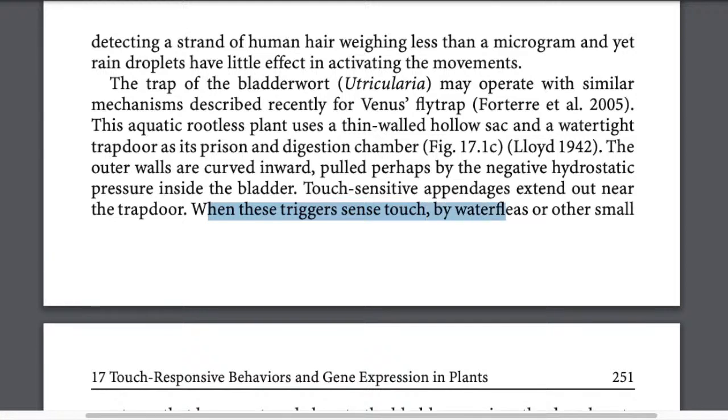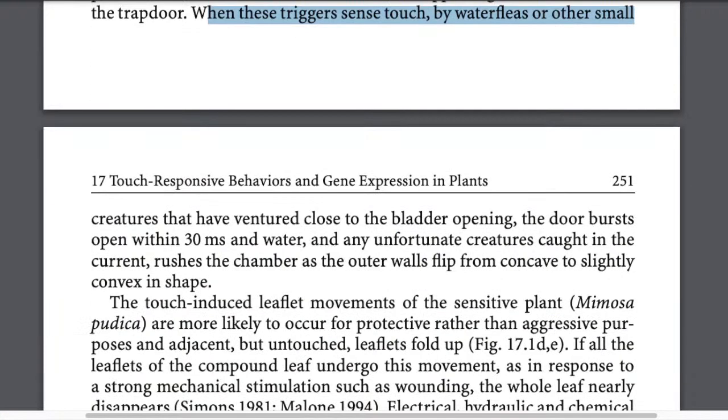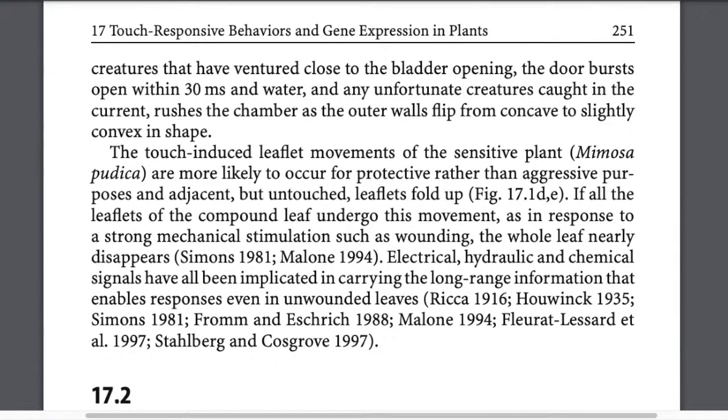When these triggers sense touch by water fleas or other similar creatures that have ventured too close to the bladder opening, the door bursts open within 30 milliseconds. And water, and any unfortunate creatures caught in the current, rushes into the chamber as the outer walls flip from concave to slightly convex in shape. Amazing stuff there.